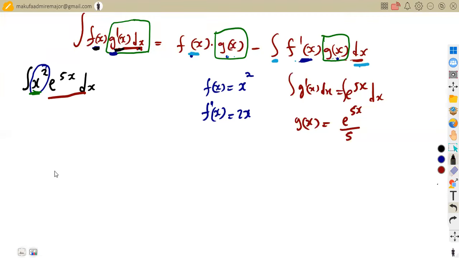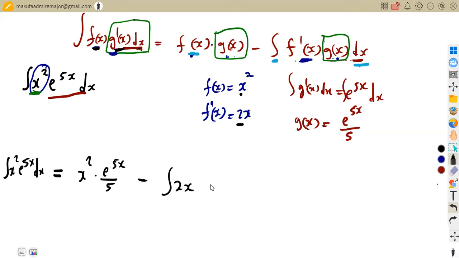We're going to have the integral of x squared e to the exponent of 5x dx equal to f of x, which is x squared, times gx, which is e to the exponent of 5x over 5, minus the integral of f prime x, which is 2x, times gx, which is e to the exponent of 5x over 5, with respect to x.